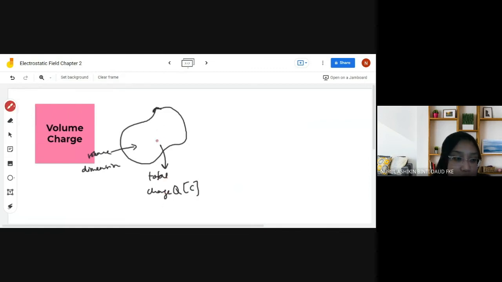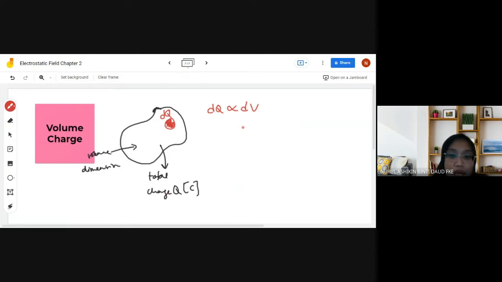what we need to do is take a sample here, and this sample carries an amount of charge dq. We can write the equation where dq is proportional to the volume dimension of this particular shape.